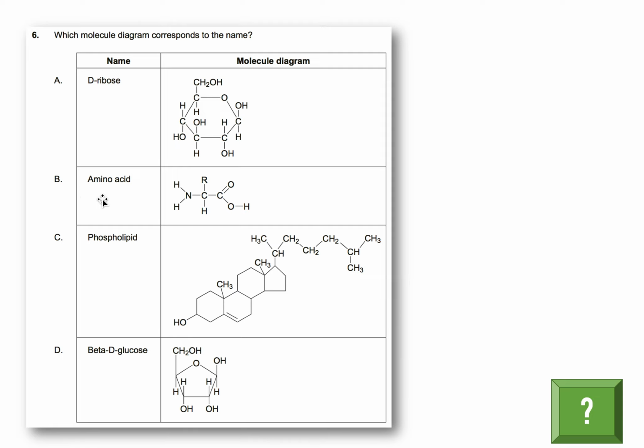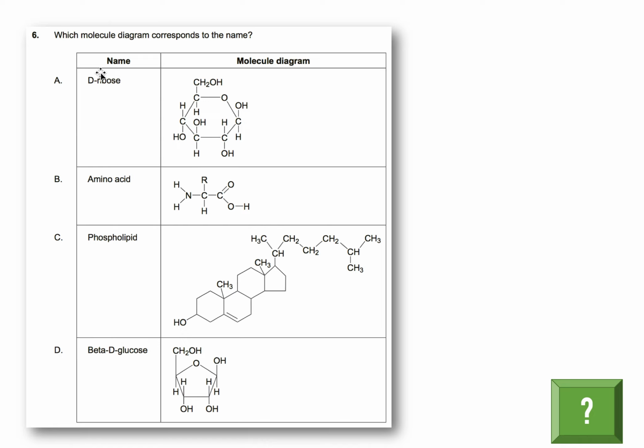So basically, we know the answer is going to be B. Let's just eliminate these other ones. C here is saying phospholipid, yet they are showing you a cholesterol structure. Maybe you don't know these. The reason why I chose this question is because you can do it if you know what an amino acid is, and that is part of this topic.